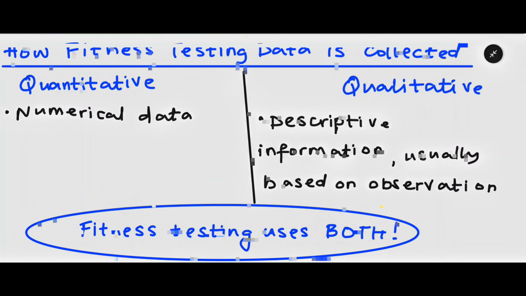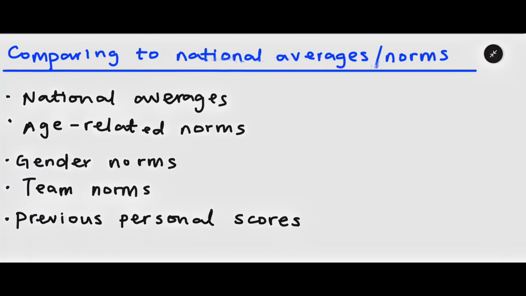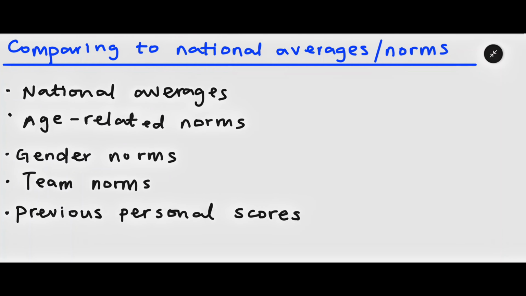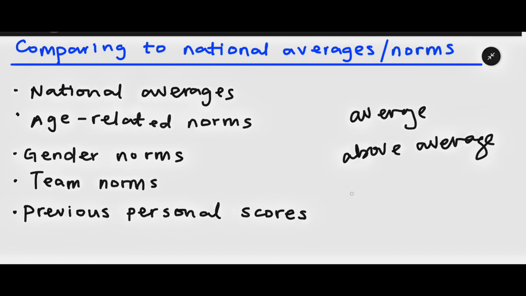fitness testing data. And excitingly, when you've got your quantitative results, you can always compare it to national averages to see how you rank. And these are important because they can decide whether a performer is average, above average, or if they need improvement.